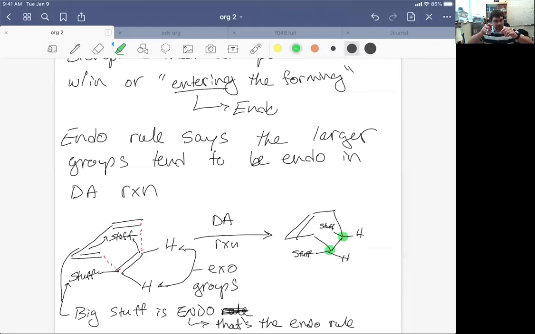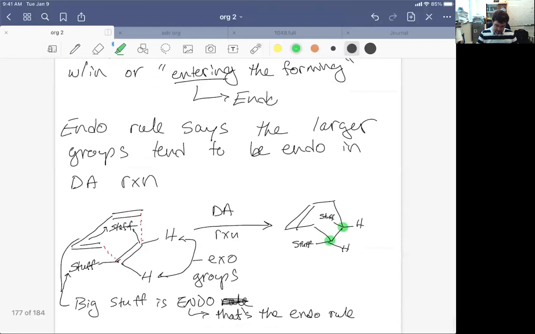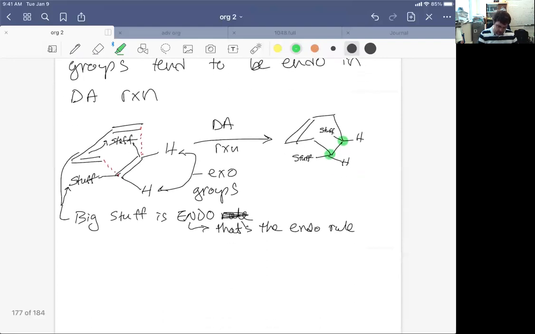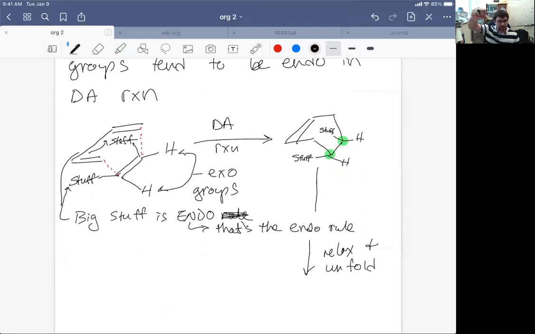Before, we had talked about taking the corners and spreading them out when we relax and unfold. Here, though, I'm going to worry about picking up the green carbons and pulling up on them. So I'm going to pick up the green carbons and yank them upwards like this. So the molecule starts like this, where here are the green carbons.